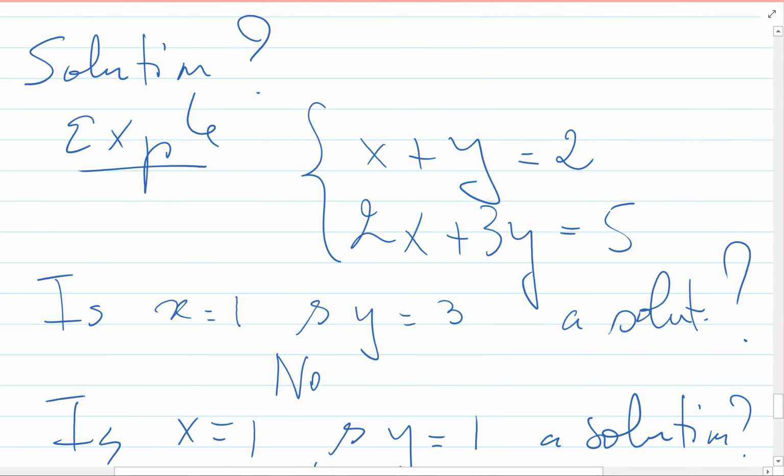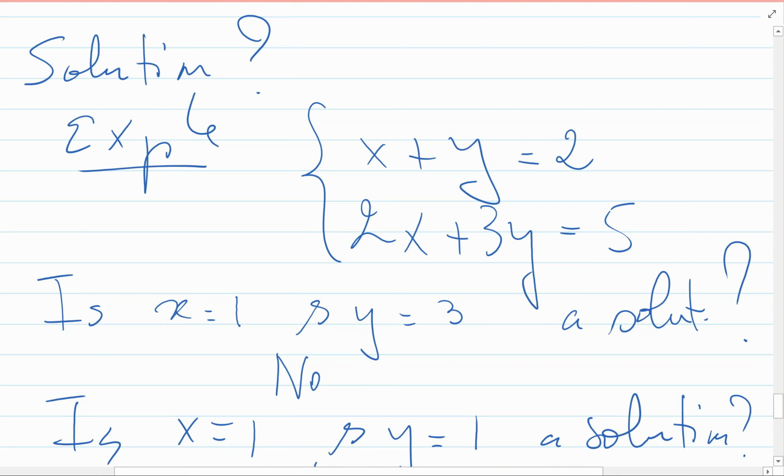When we say something is a solution, like here, I said 1 and 3. But you see what I did here? I wrote x equals 1 and y equals 3. Because what if I told you, check that 1, 3 is the solution? The question becomes, is it x equals 1, y equals 3, or x equals 3, y equals 1?